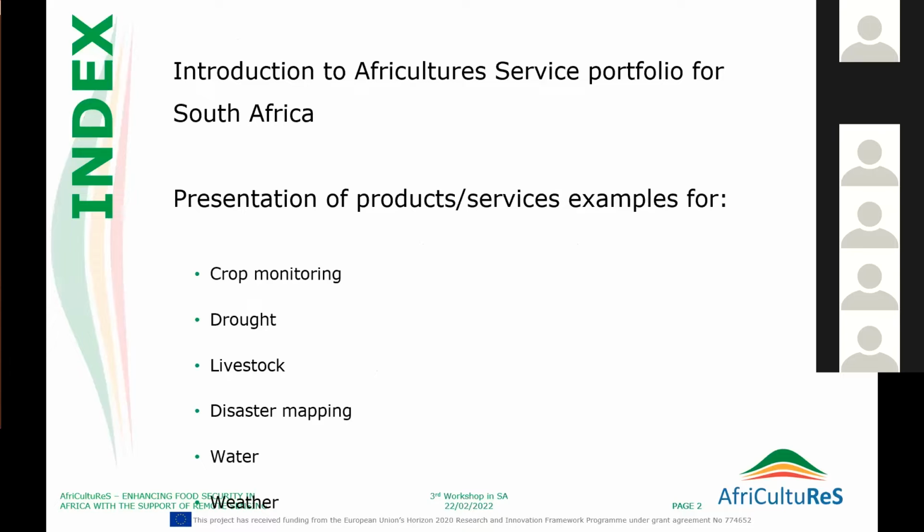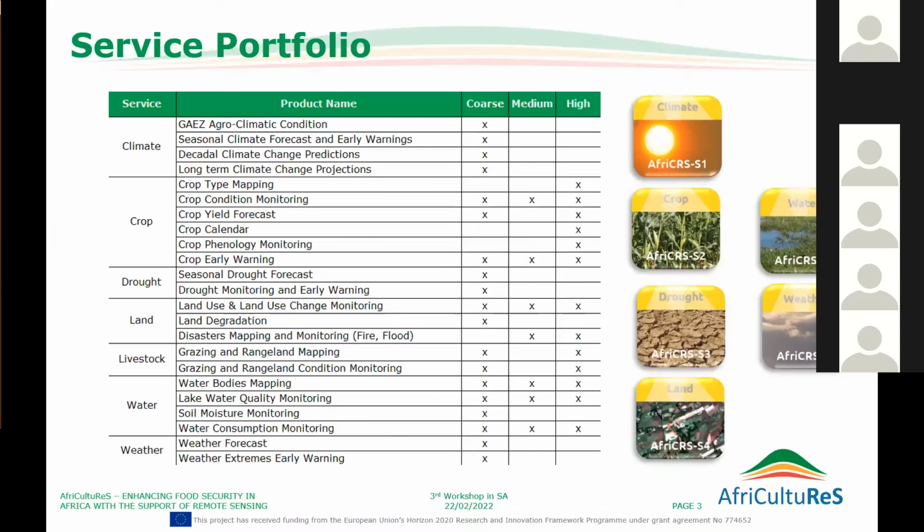From the multitude of products and services that Africultures has been developing, covering climate, crop, drought, land, livestock, water and weather, we're going to focus on how these products have been developed, which are shown later in the African use cases, and also on those that were of special interest for South Africa. We're going to show a little bit of the technical details of how these products have been developed.